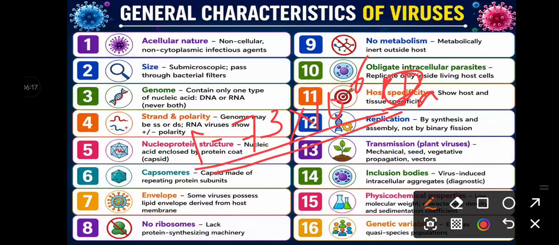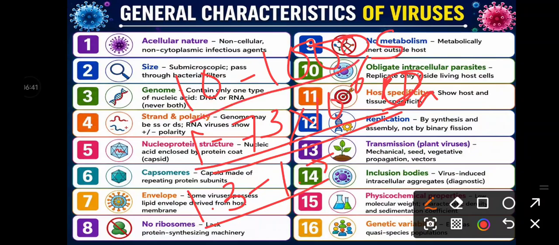This is the range for the molecular weight. Then the density is 1.3 to 1.5 gram per centimeter cube. This is about the density of plant virus. And if the sedimentation coefficient is concerned, then it ranges from 10 to 1000 S.